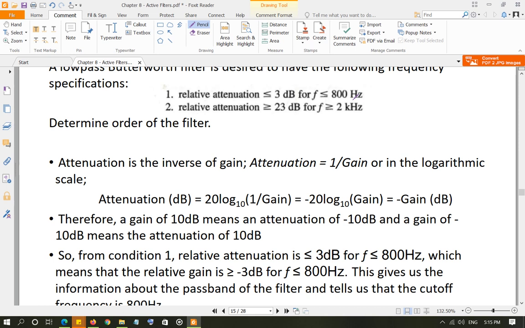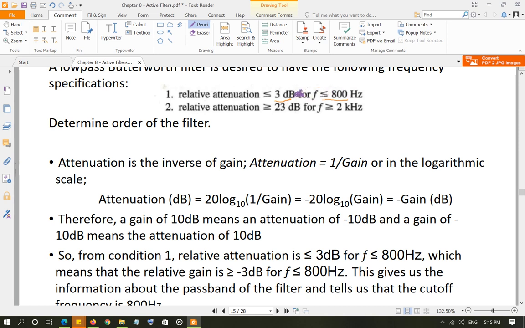So from the first piece of information, it is given to us that it has to be less than or equal to 3 decibel for f less than or equal to 800 hertz.